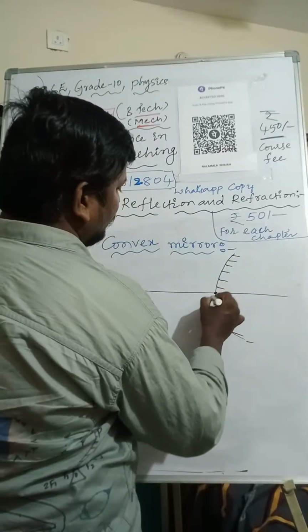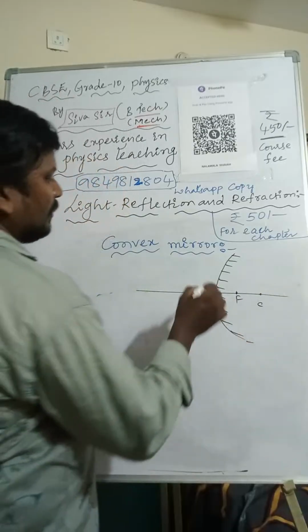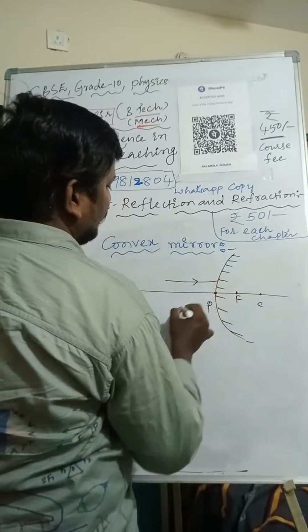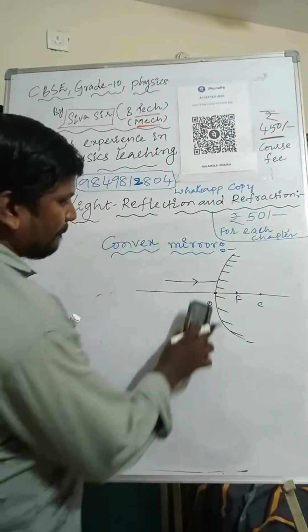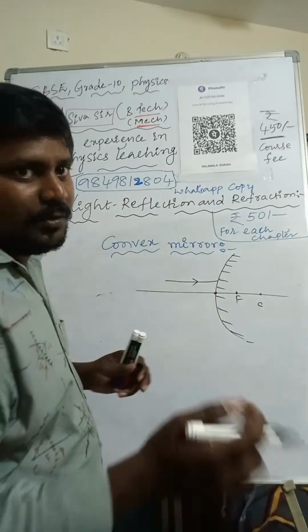There is a pole, focus, center of curvature. So I'm taking one light ray here, and another light ray. How many light rays are required to form the image of the object? Minimum 2 light rays.